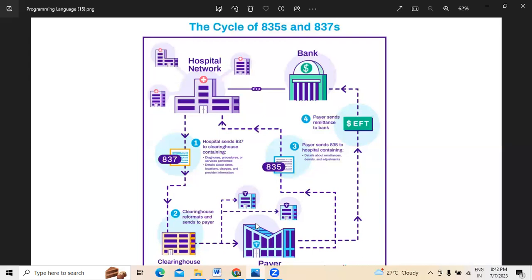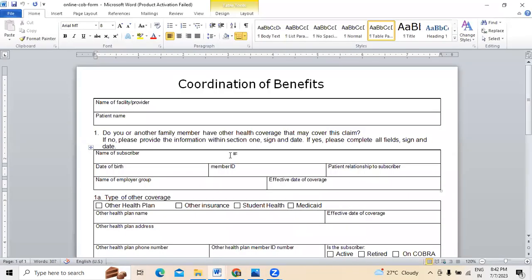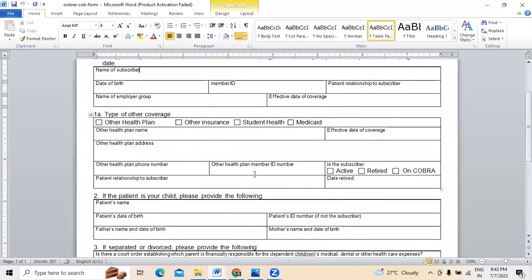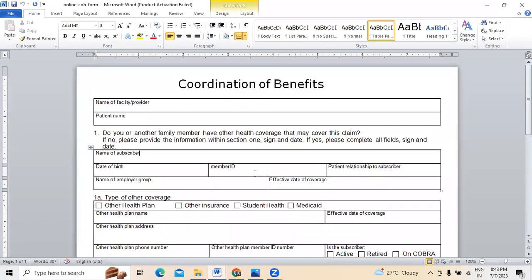If you look closely, the coordination of benefits form never explains what kind of treatment we have given, or what codes we have used for the procedure and diagnosis. Nothing is mentioned in the coordination of benefits. It is a form which gives you a high-level glimpse of the patient details, followed by the subscriber details, which plan these people have, and so on.